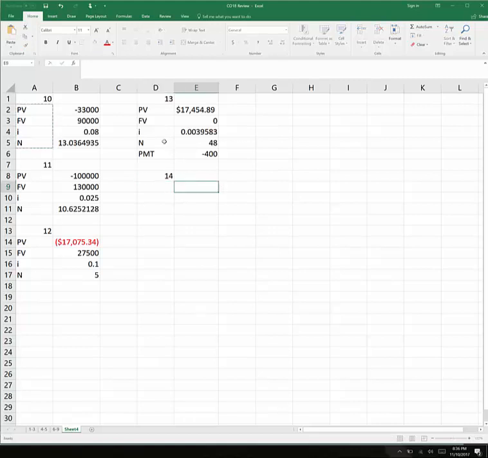14, same idea. Now we're going to calculate the payment. So we're going to buy a boat. On these loan problems, we're always going to assume the loan's paid off. So you put in a future value of 0. 6.9% interest, so we're going to again divide that by 12.